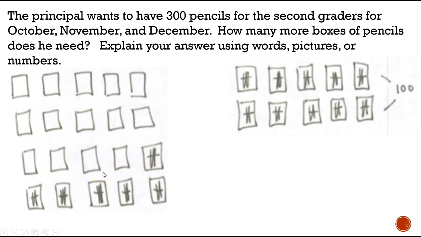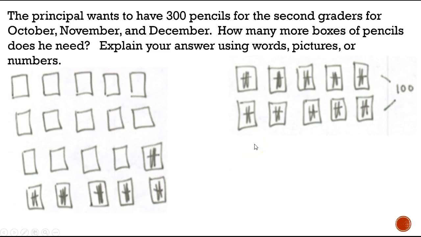Well, let's count. 4, 5, 6, 7, 8, 9, 10. So I needed 6 more boxes to make this group a 10 of 10s to make 100. And then I could draw 10 more 10s here to make another 100, and that would give me the 300 boxes.